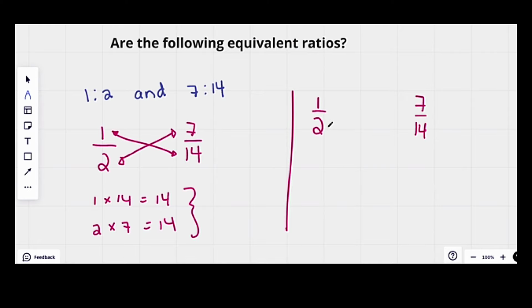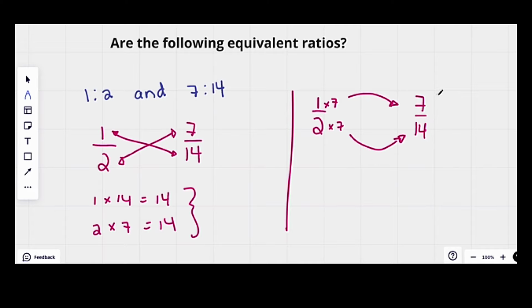So in this case, if we multiply the bottom by 7 and the top by 7, what do we get? Well, 2 times 7 is 14, and 1 times 7 is 7. So in this case, we know that they are equivalent because there is a number that we can multiply by the bottom and also by the top, and we get this fraction right here.